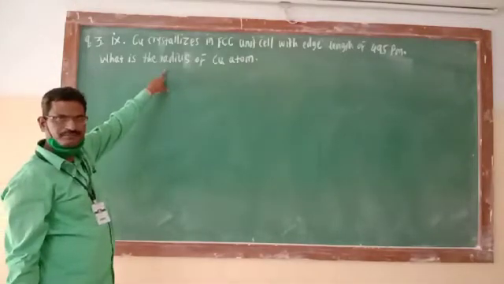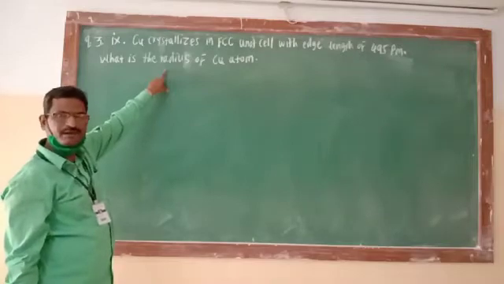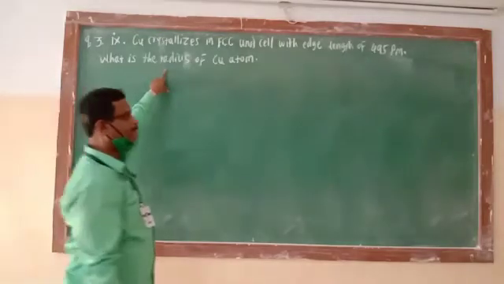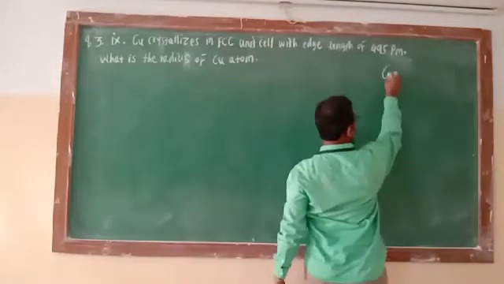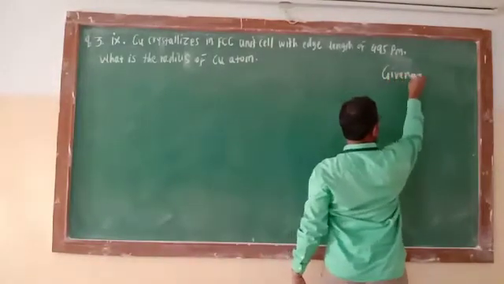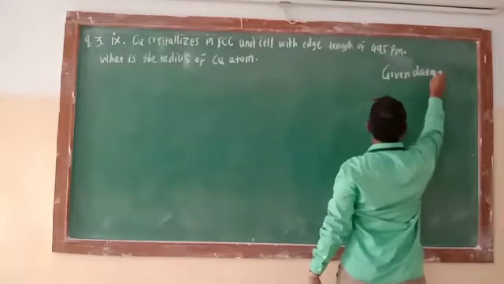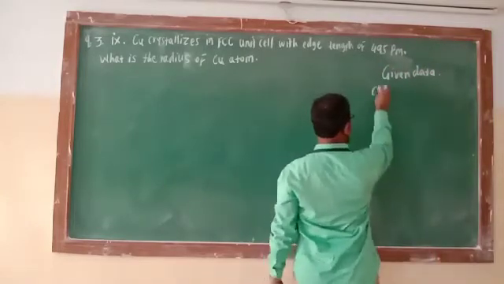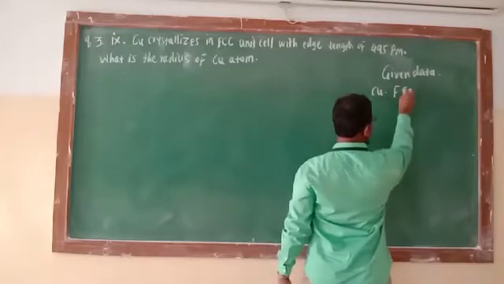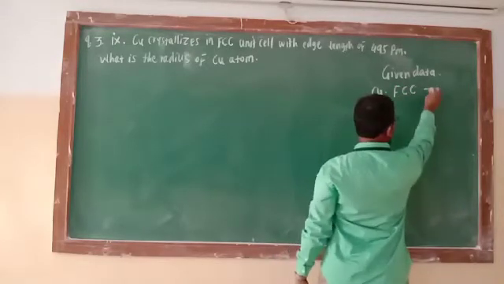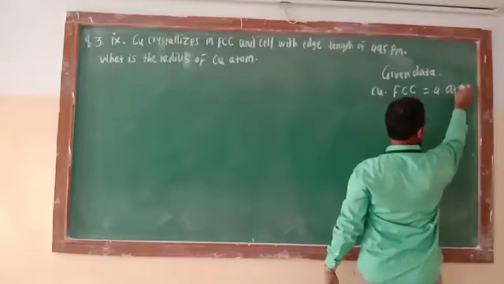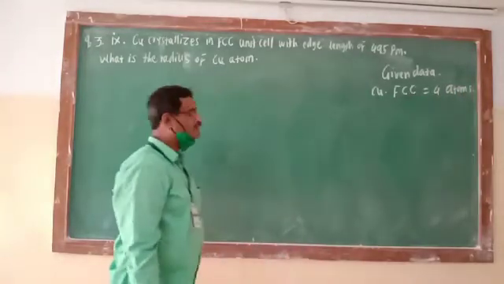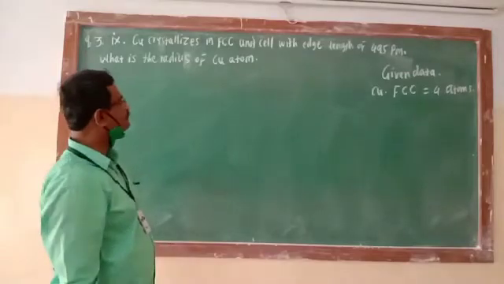Very simple. Just now we have studied problem number 4 also of the same type, in the same manner. What is the given data for this problem? The structure is FCC. Copper crystallizes in FCC, where 4 atoms of copper are present in its FCC structure.